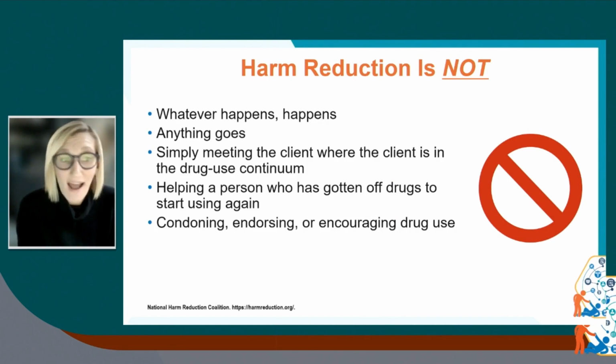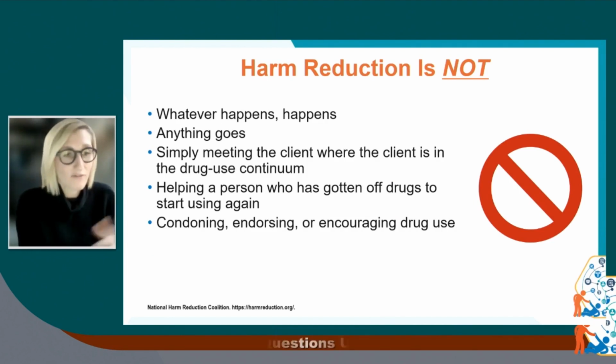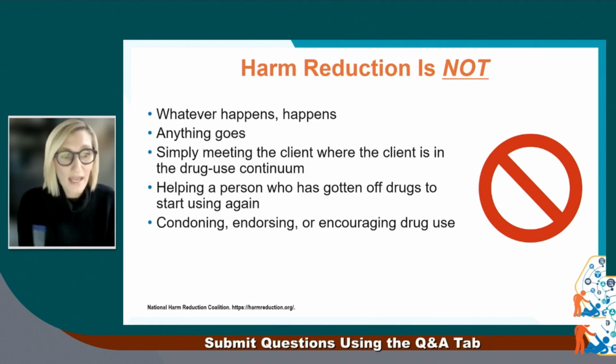What is harm reduction not? It's not an approach of whatever happens, happens. It's not anything goes. And it's not always just simply meeting the client where they are, but it involves the other pieces of it, the education, the back and forth discussion, assessing where somebody may be in their thinking and in their readiness and what they're willing to accept.